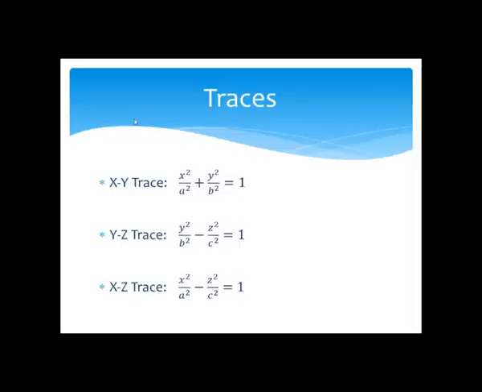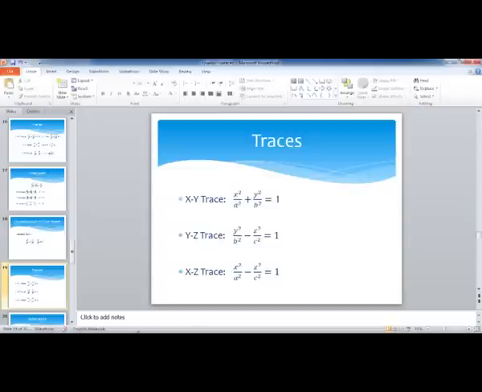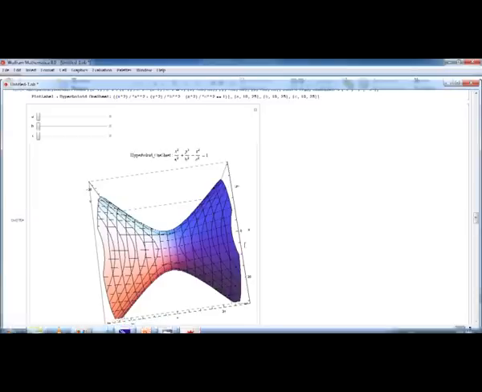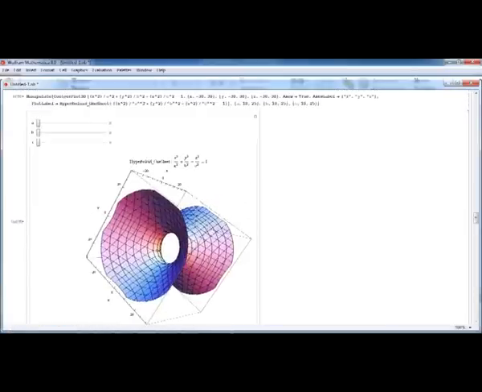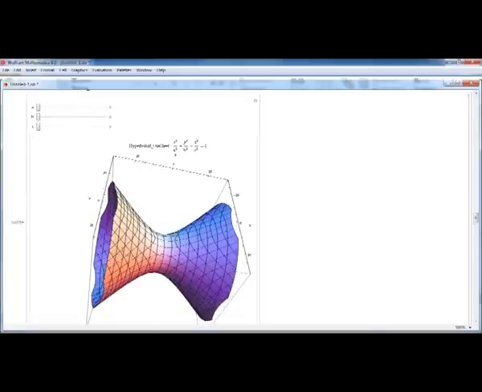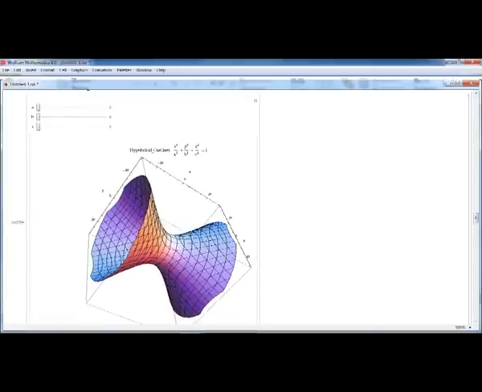We find that the yz trace resembles the hyperbola. The same goes to xz trace where we equate the y equal to 0. We have the hyperbola again. So this is generally how a hyperboloid of one sheet looks.